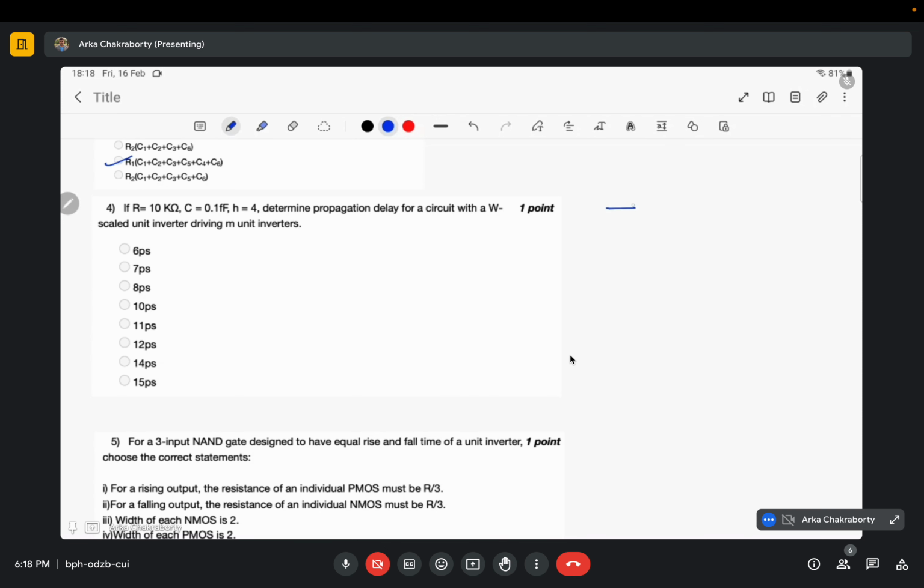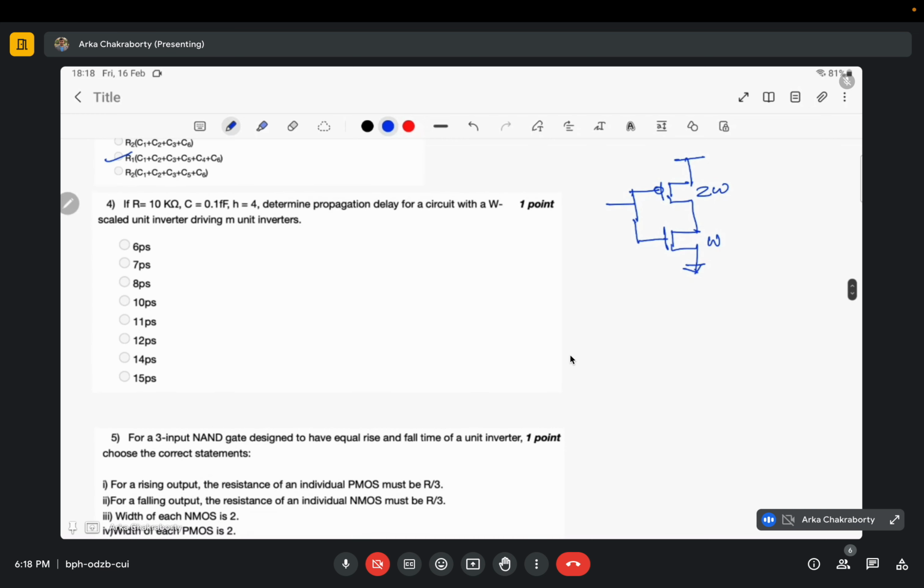They have given that I have one W scaled inverter, that is, this is W and this is 2W, and I have M unit inverters which are driven by this W scaled unit inverter.